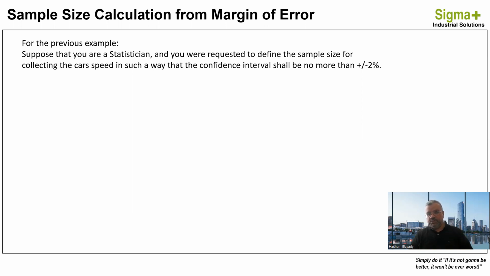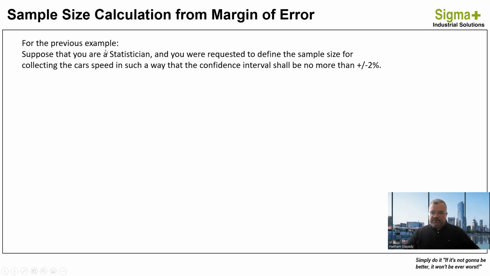error percentage, but in this example, I want you to calculate the sample size that needs to be collected from the vehicles in such a way that the margin of error, instead of plus or minus 4%, is plus or minus 2%.